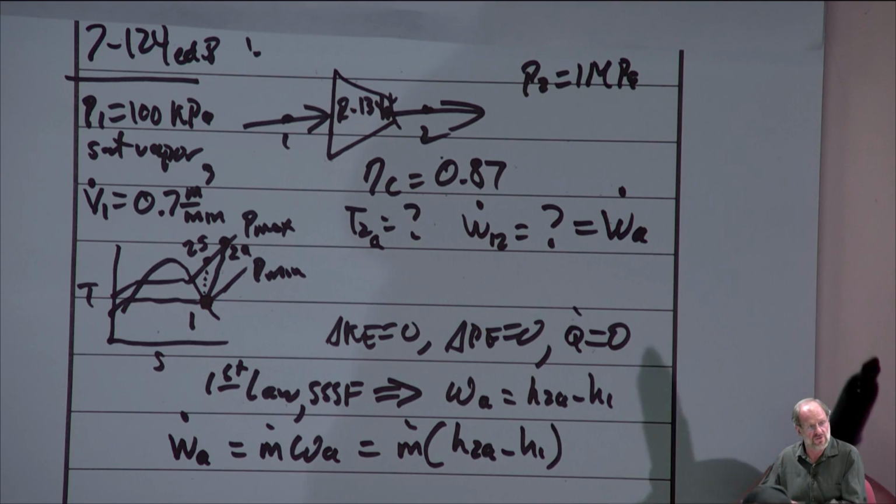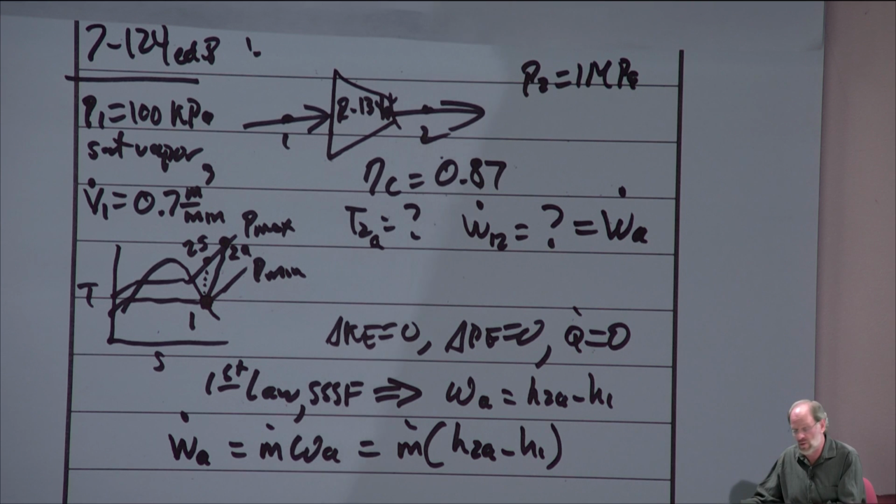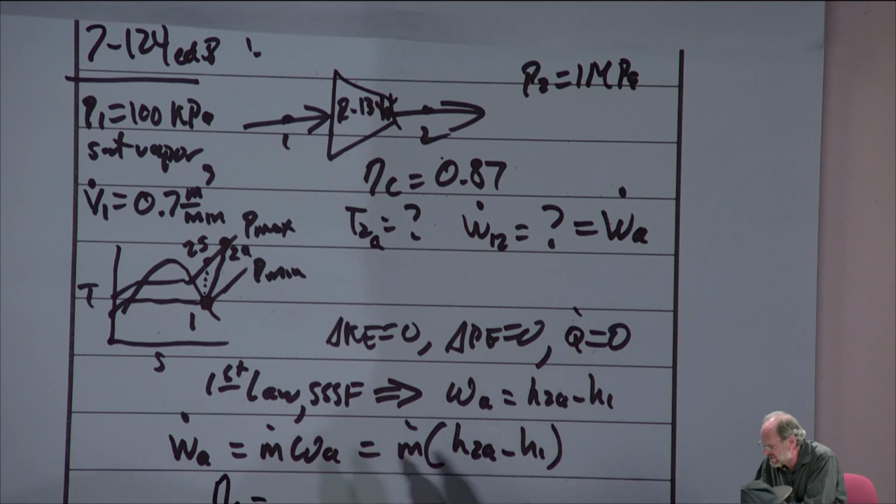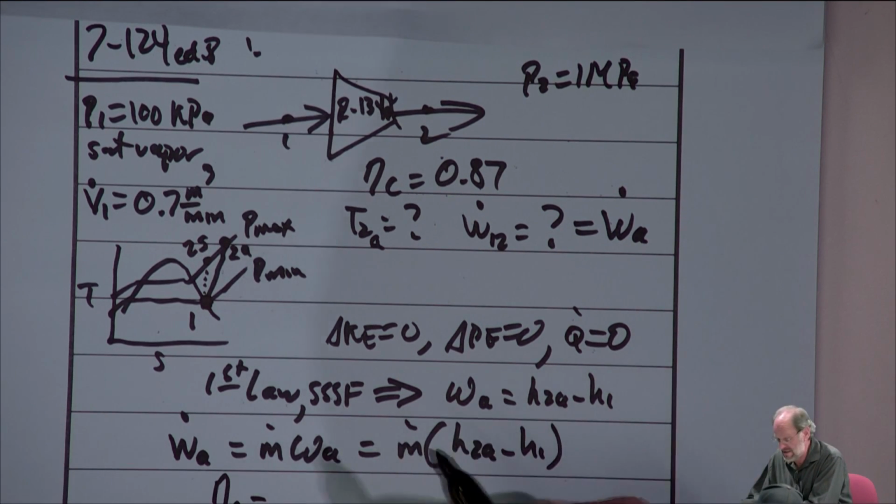So you just use your information at point 1 to find S1. S1 equals S2S. You go into your property tables at S2S and P2. You read off the enthalpy at 2S. And then you go to the isentropic efficiency equation for the compressor and find H2 actual, and then you can plug it into the equation above and solve for the power.